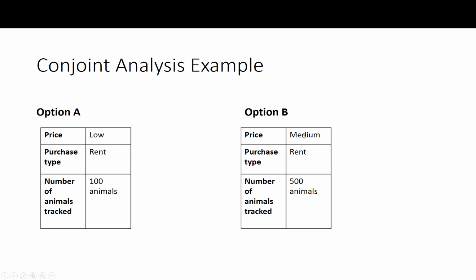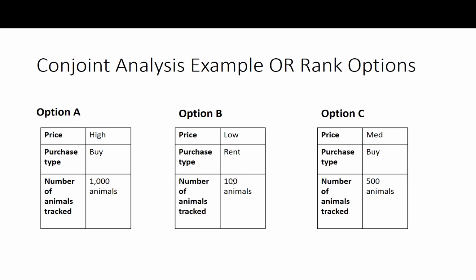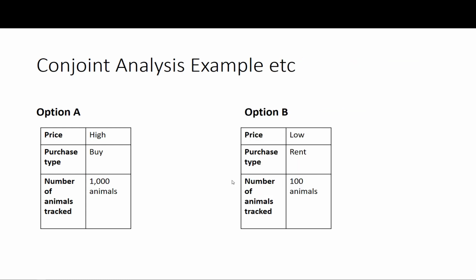Versus option B, where the price is medium, the purchase type is to rent, and the number of animals that can be tracked is 500. And I keep alternating these combinations of alternatives and their attributes, and respondents are given this series of 2 alternatives, and the respondent must pick A or B.